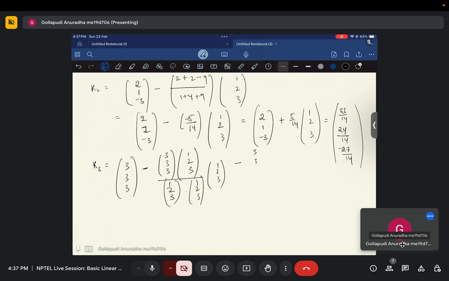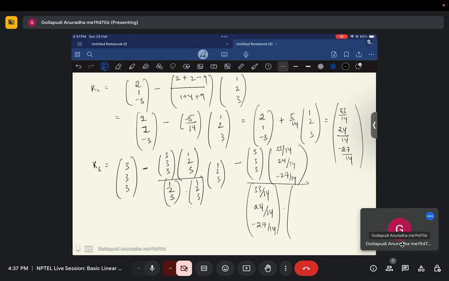And then minus. It's a big calculation basically, but I hope you understand how it goes.